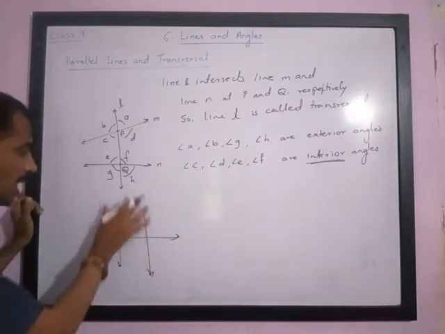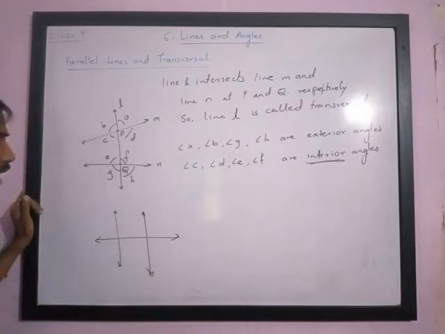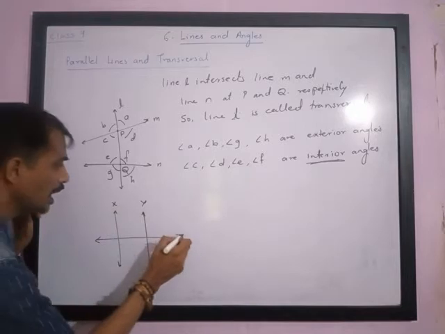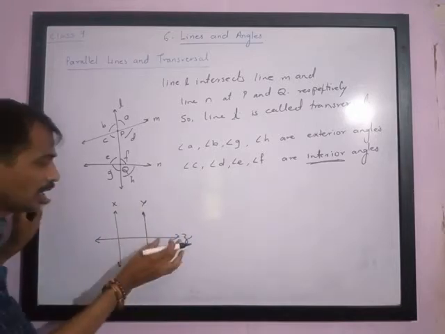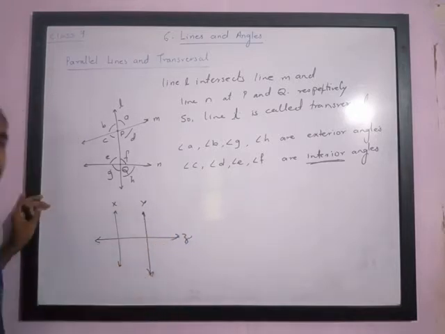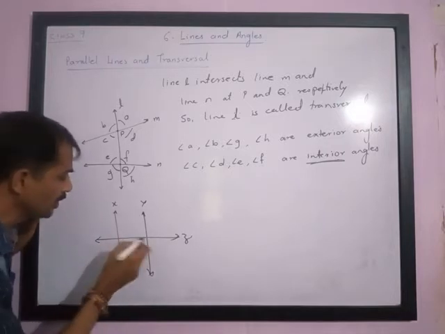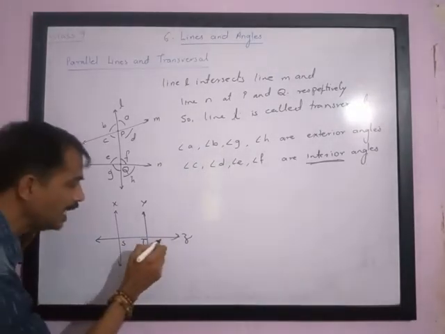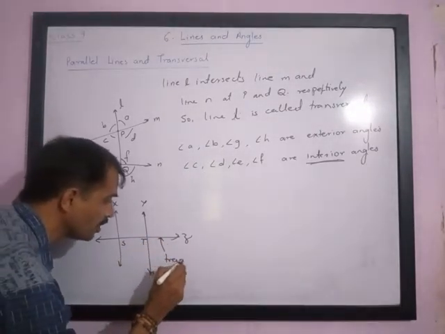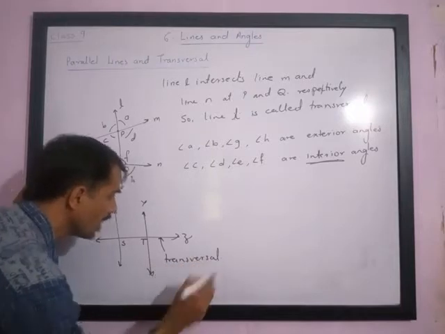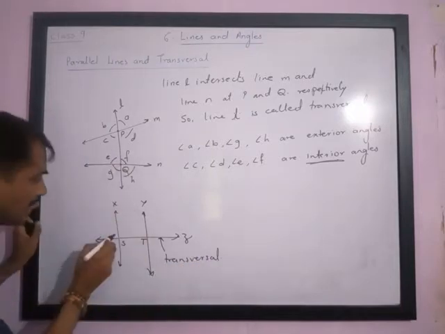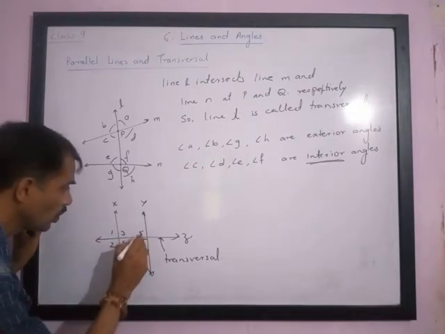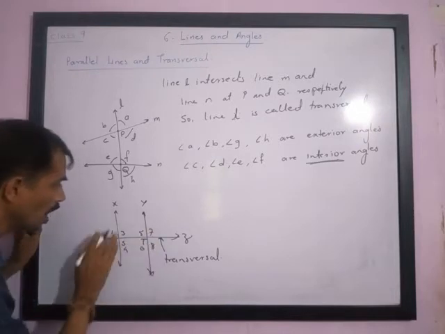Now sometimes this figure can be drawn something like this also. Please note here these are two lines and this line is intersecting. If I give the names X, Y and Z, here line Z is intersecting two lines XY at points S and T. I have taken some other points. So line Z is a transversal. And exterior angles will be 1, 2 and 7, 8.